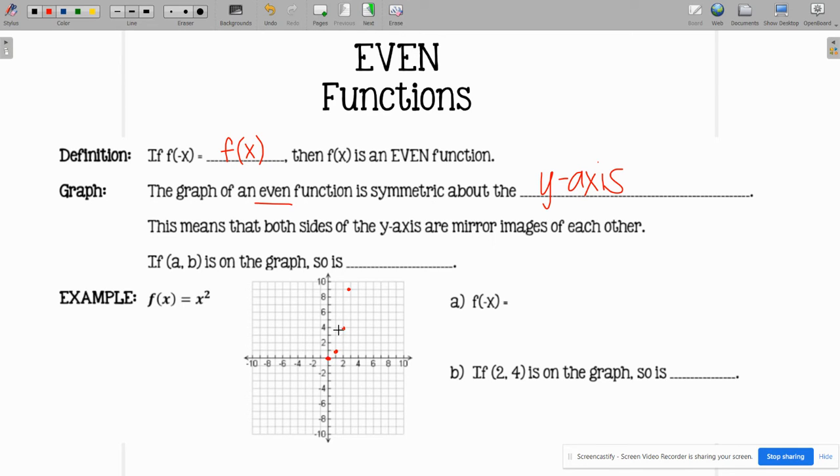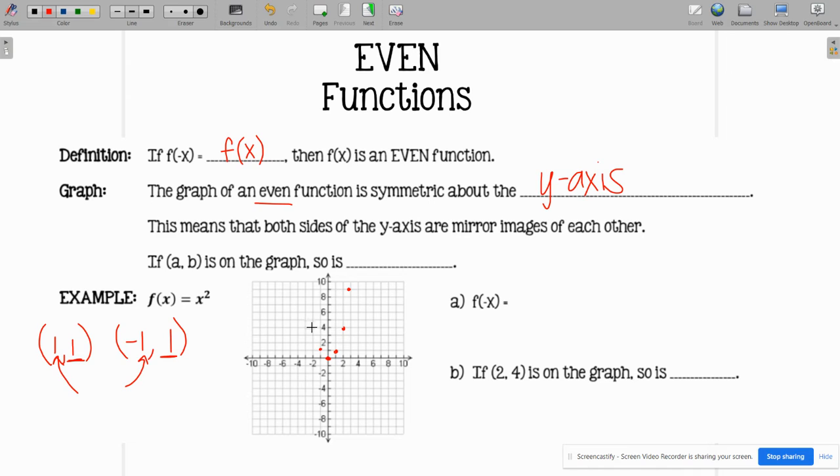What makes this an even function is if I plug in negative 1, I get out 1, right? This is a mirror image of when I plugged in 1. So when I plugged in 1 and got out 1, and I plugged in negative 1 and got out 1, the fact that these y values are the same, whether I plugged in the positive or negative version of 1, that's what makes this have that symmetry about the y-axis.